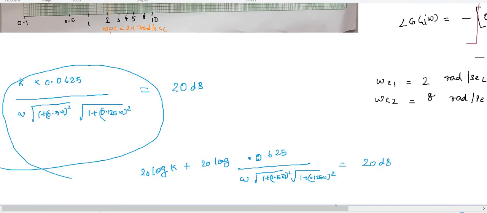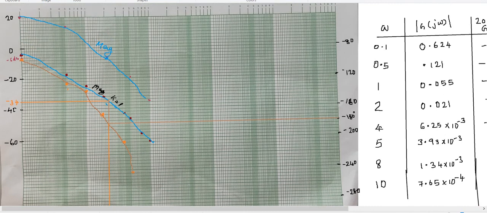So what is the value of omega here? At the starting point, omega is equal to 0.1. When omega is equal to 0.1, we already have the value as minus 4 dB, right? So we can rewrite the equation as 20 log k plus minus 4 dB is equal to, actually the correct value will be minus 4 plus 28.